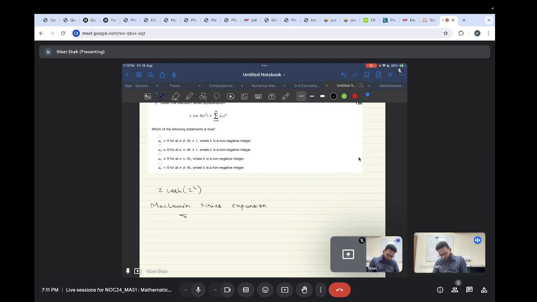It's simply as it's given here, a_n z to the power n, with n equal to 0 to infinity. And what is a_n? a_n is equal to 1 by n factorial into f^(n) of 0.